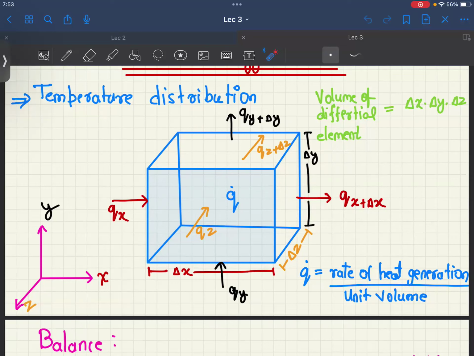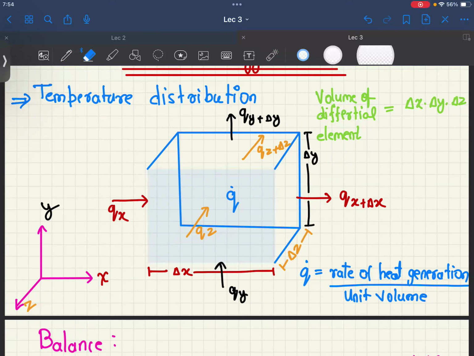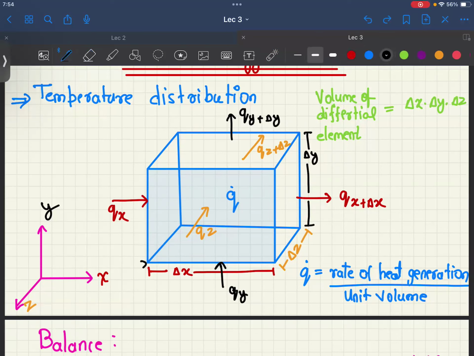Okay, so let us assume that at x equal to x, this position is x, and this position is going to be at x equals x plus delta x.